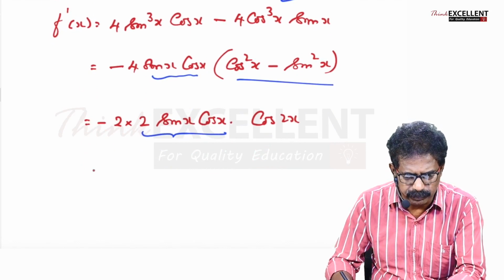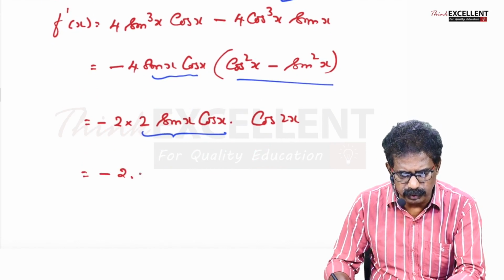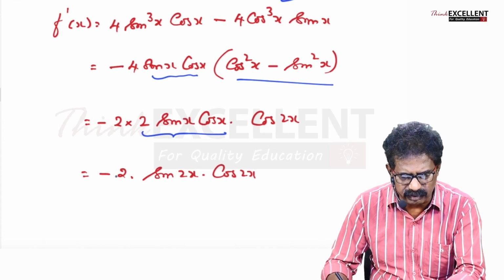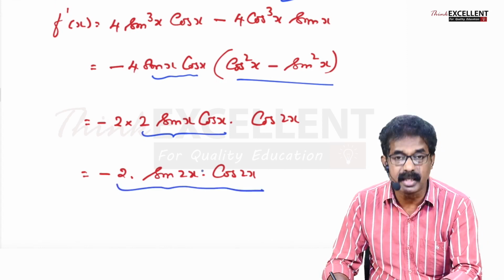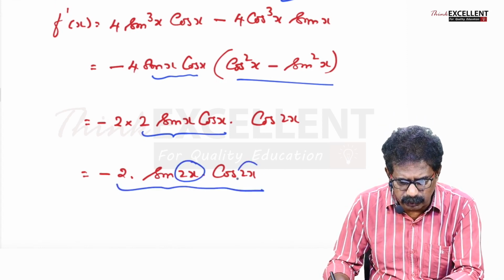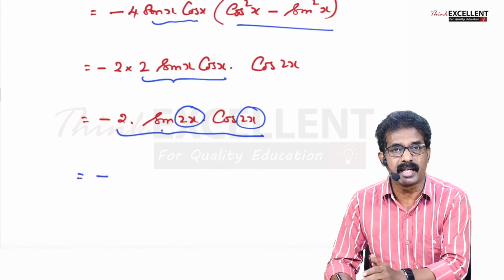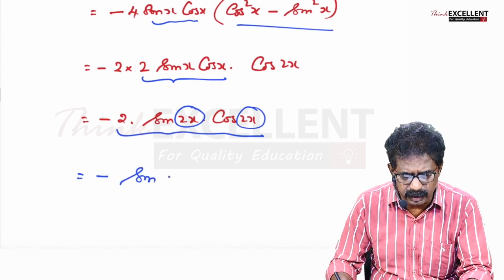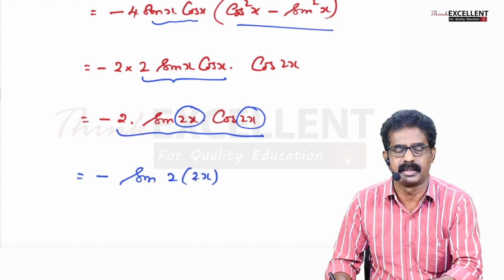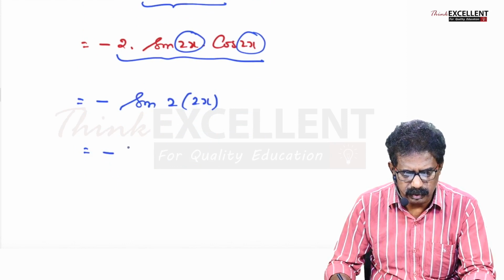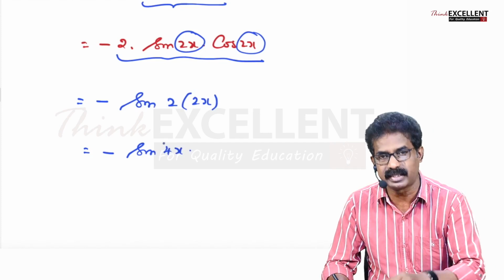So in the next step, minus 2 into 2 sin x cos x is sin 2x into cos 2x. Once again, this is of the type 2 sin a cos a. This is our a now. So your answer is minus 2 sin a cos a, sin 2a, sin 2 into 2x. So you are getting minus sin 4x, right? Minus sin 4x. So this is f dash x.